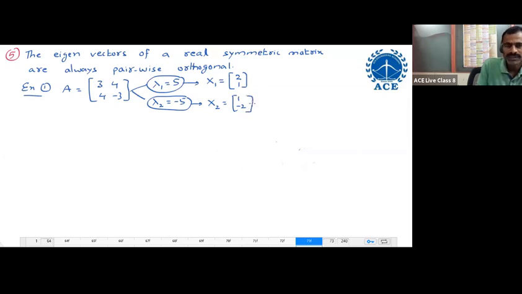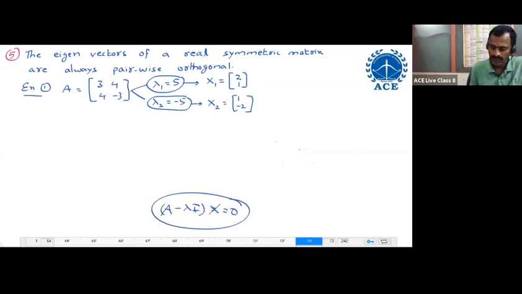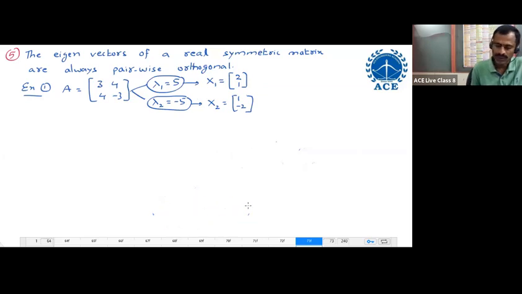The eigenvector is the non-zero solution of the homogeneous system (A minus lambda I) into x equal to O, corresponding to scalar lambda. This lambda is the eigenvalue, this solution is the eigenvector. I took one example here. For this 2 by 2 matrix, if you find eigenvalues, we get 5 and minus 5.